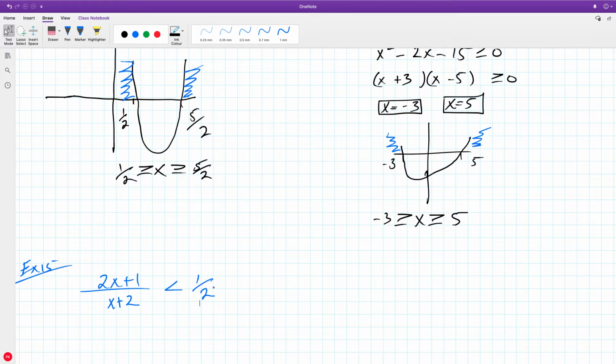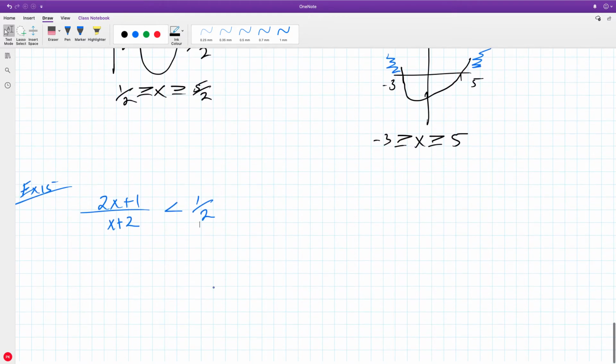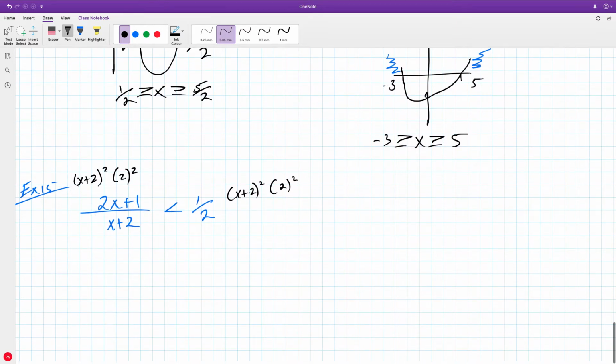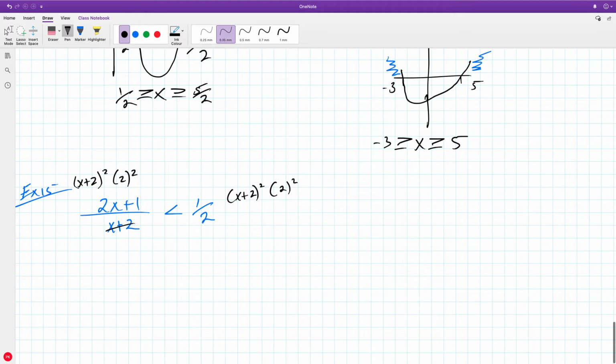Right, let's have a little look at it. So, (x plus 2) squared and 2 squared, (x plus 2) squared and 2 squared. Right, x plus 2 cancels with one of the 2's, 2 cancels with one of the 2's.